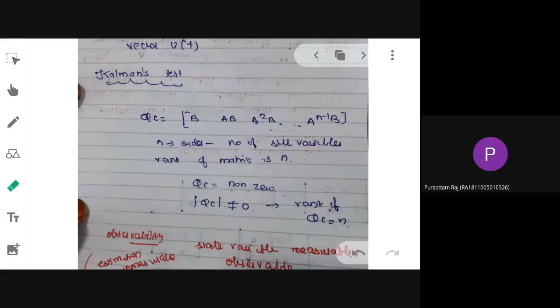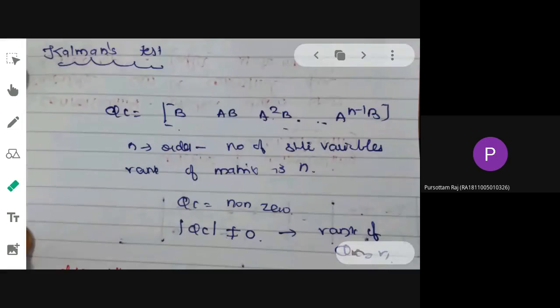Controllable. And in order to prove that, two conditions you have to satisfy. You need to find out the QC matrix first. How will you find out the QC matrix? What is the formula? B, AB, A squared B, and the formula will go on. Then you should satisfy what condition?